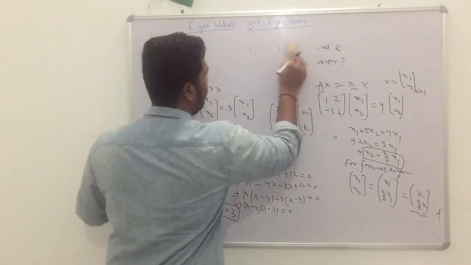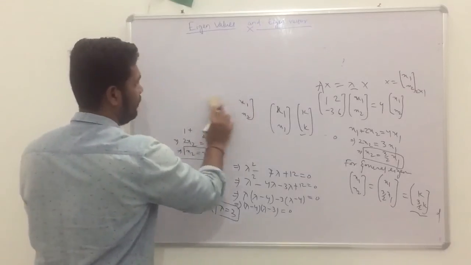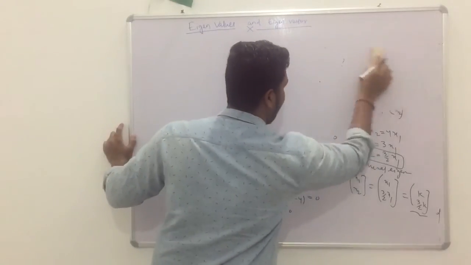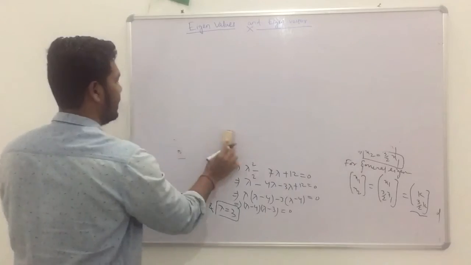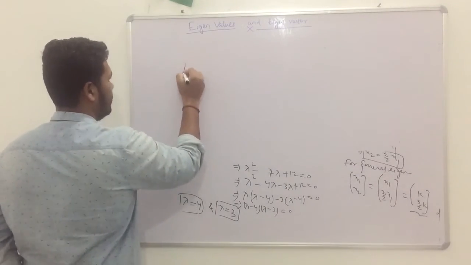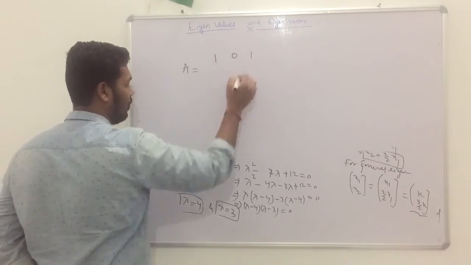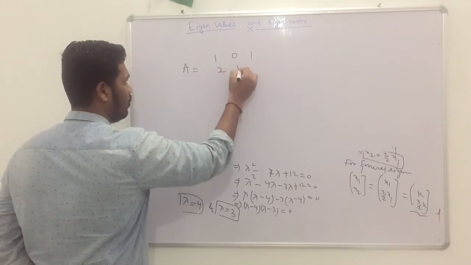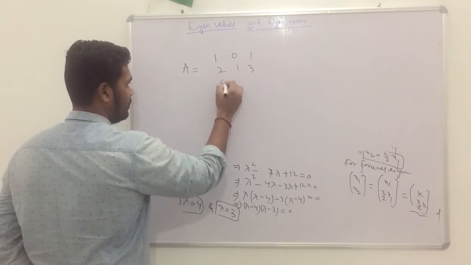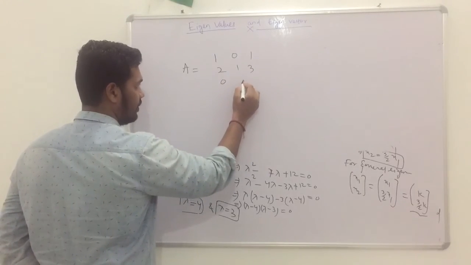So I am giving you homework to solve for the eigenvalues and eigenvectors of a 3 cross 3 matrix. Given A equals [1 0 1; 2 1 3; 0 3 2].